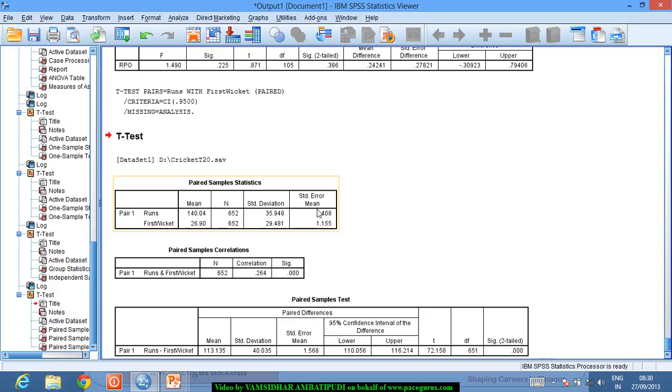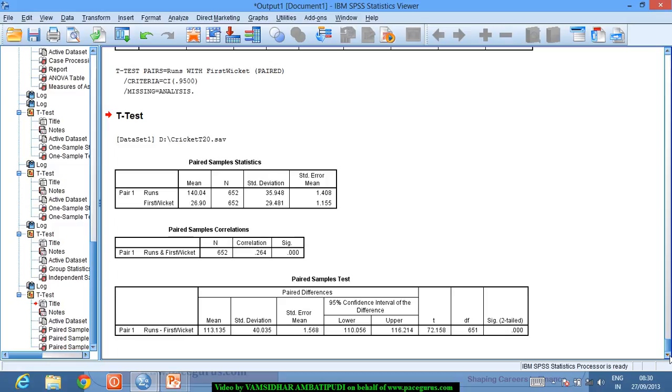But what I'm simply saying is that the paired sample t-test will also give us the correlation existing between the pairs of data, and along with that it gives us, on average, the difference between the first wicket partnership and the runs. This is key information for me.